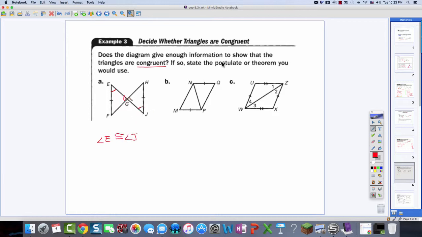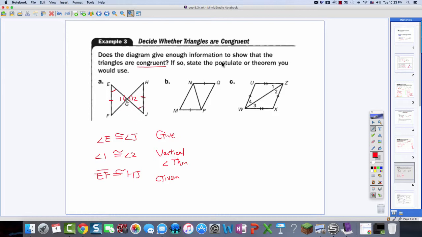I also know, for simplicity's sake, I'm going to say angle 1 and angle 2 are congruent because of the vertical angle theorem, right? And then EF is congruent to HJ, and that's given. This information is given as well.